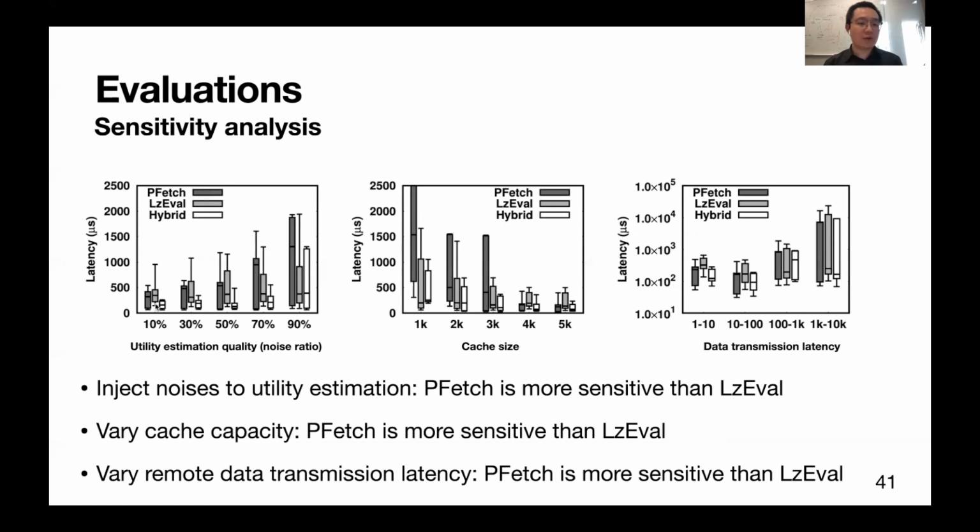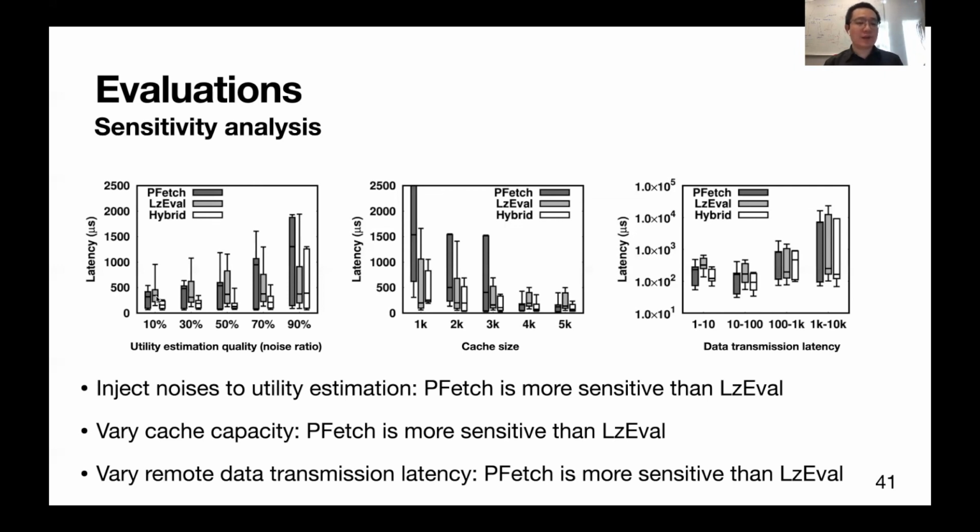We can observe that prefetching is most sensitive to utility estimation quality. The median latency increases rapidly with the increasing noise ratio. This is because prefetching makes predictions purely based on the utility, and low-quality utility estimation results in inaccurate predictions, which increase the overall processing latency.